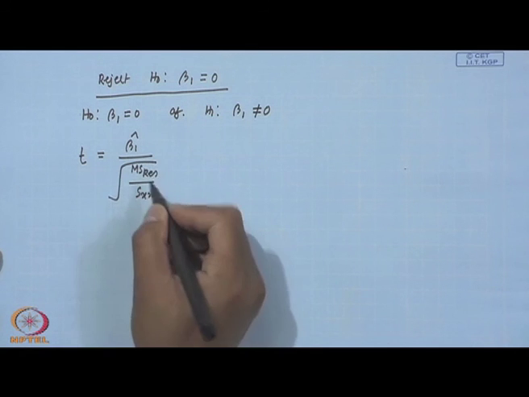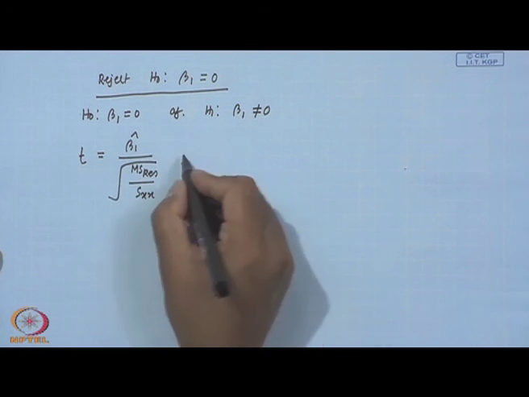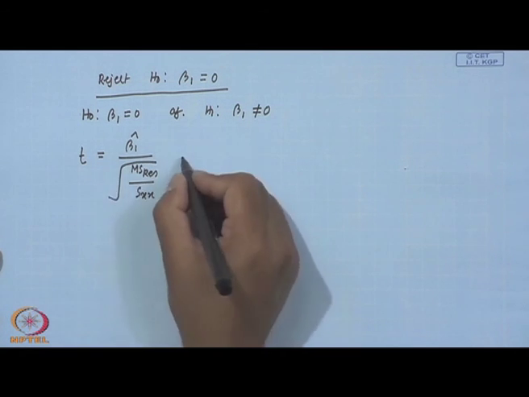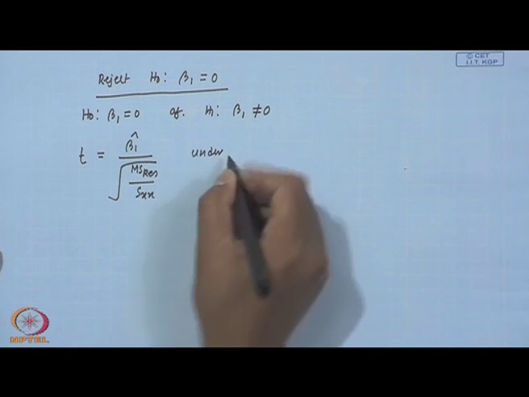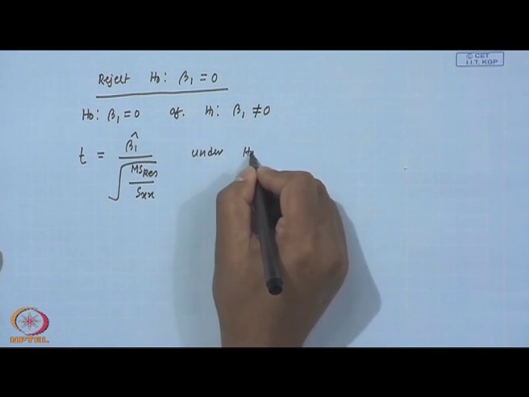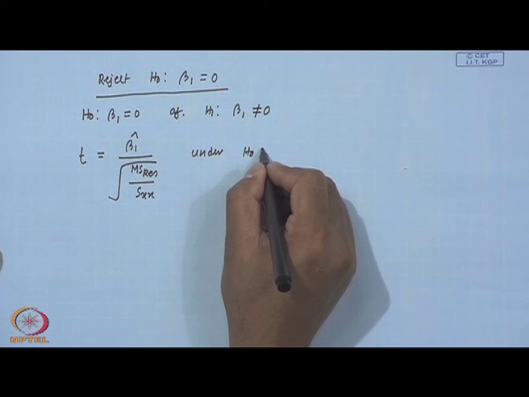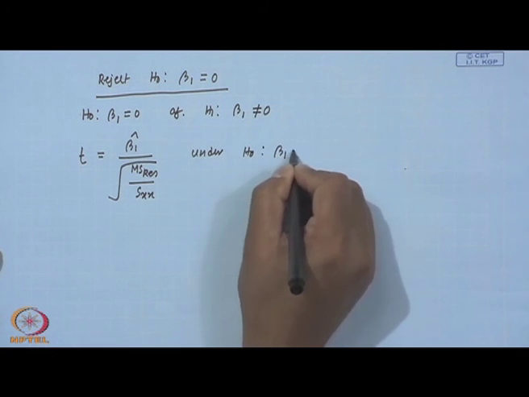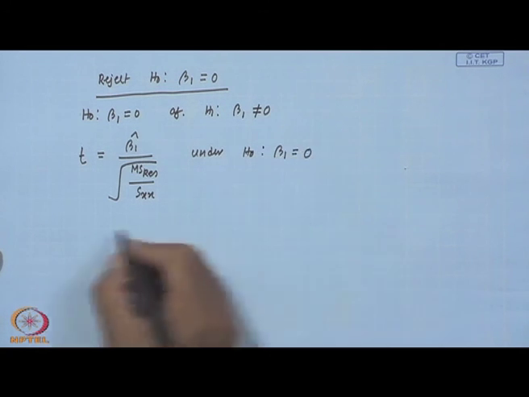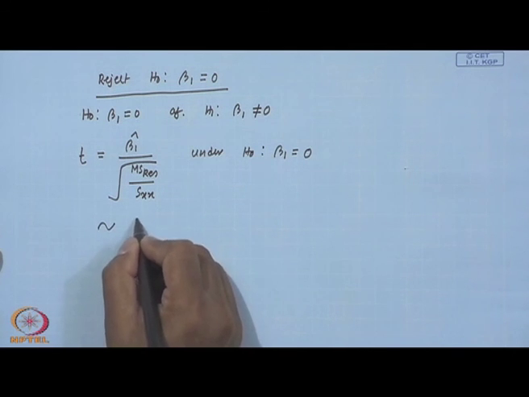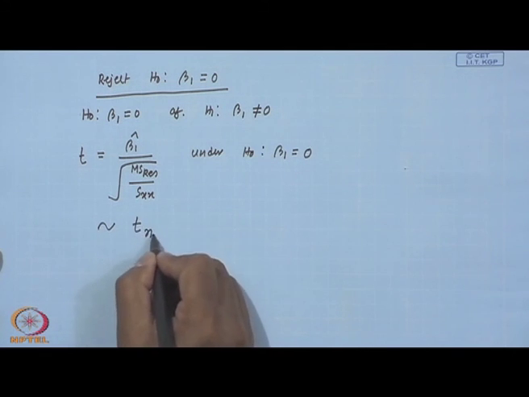I hope you know all these things. So, this is the t statistic under the null hypothesis that beta 1 is equal to 0, and this follows t distribution with degree of freedom n minus 2.